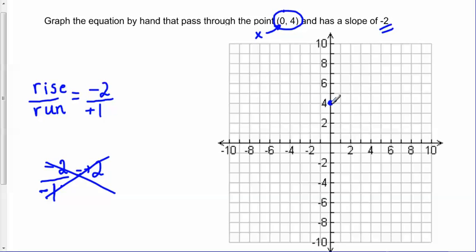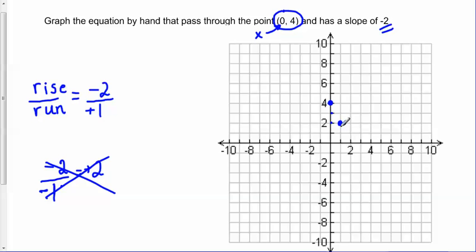So from the y-intercept, not from the origin, but from that point that we plotted, we're going to rise -2. So the rise has to do with how we're moving on the y-axis. We're not going to be going in the positive direction this time. This time we're moving in the negative direction. So we're going to be going down. So we're going to go down 1, 2, and then we're going to run +1. So that means that we're going to be moving to the right 1.